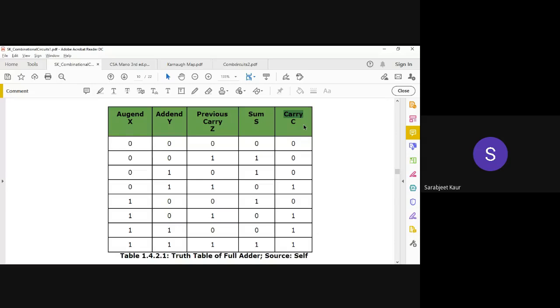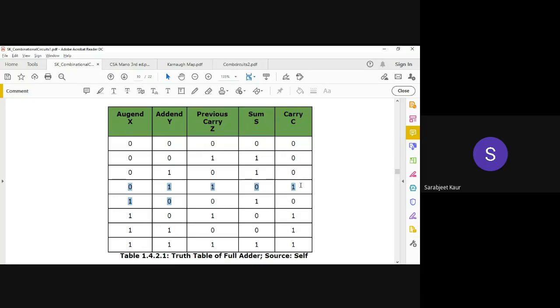Because this is the carry that is being generated out of the sum that has been produced by the adder. Okay, so as was the case in the half adder for this tuple, if you remember, this is almost the same tuple. So the sum is 0 and the 1 is carried forward to the next significant bit.